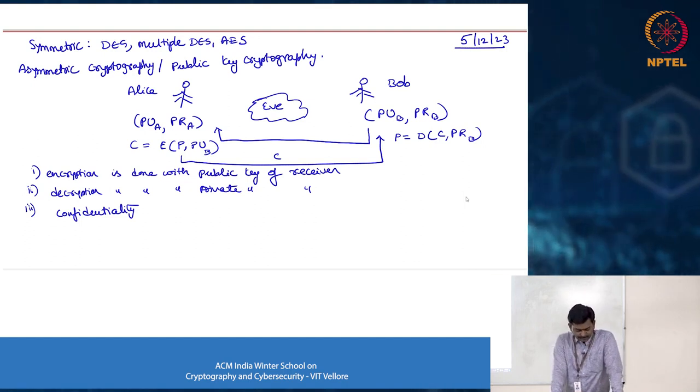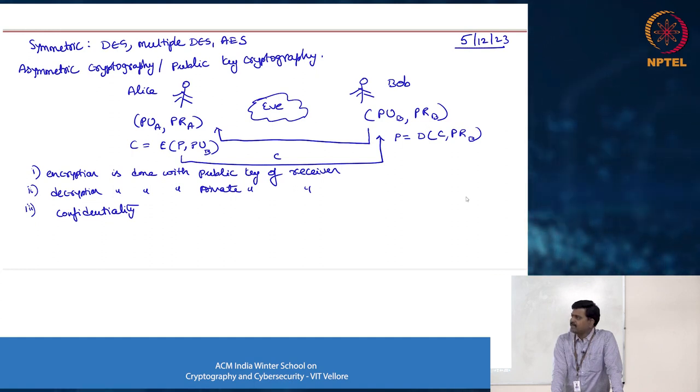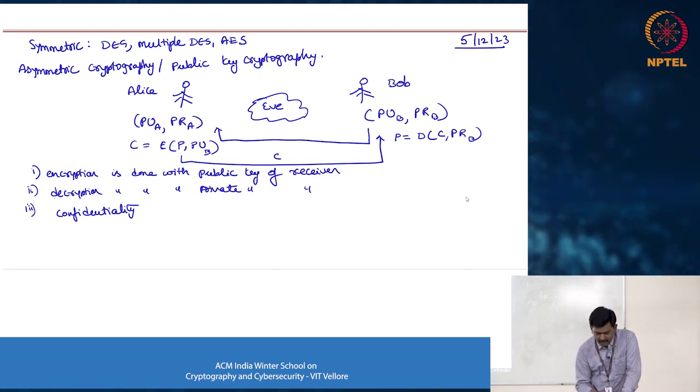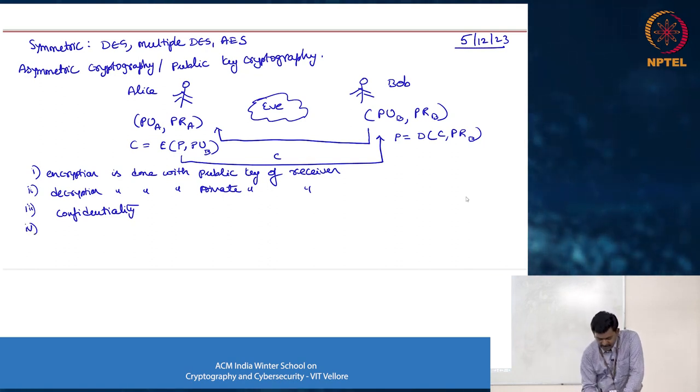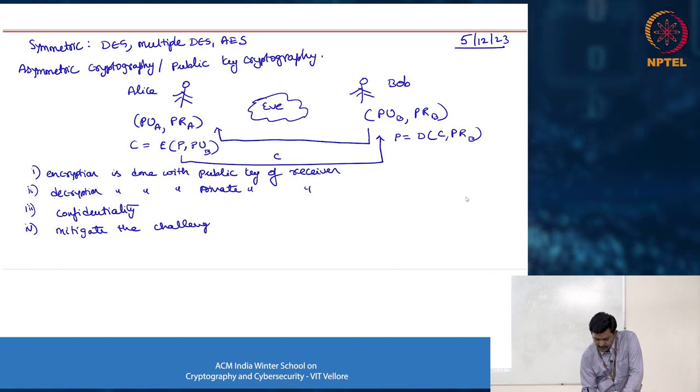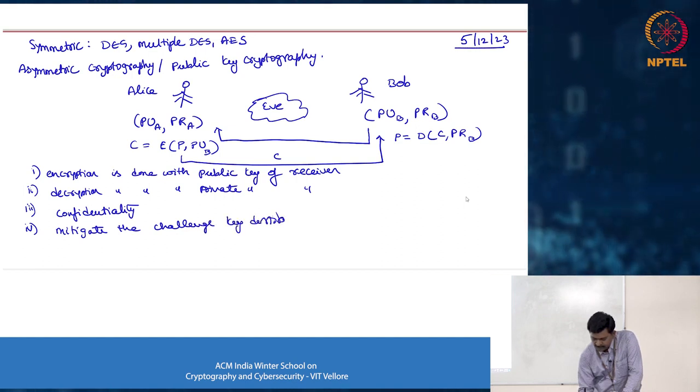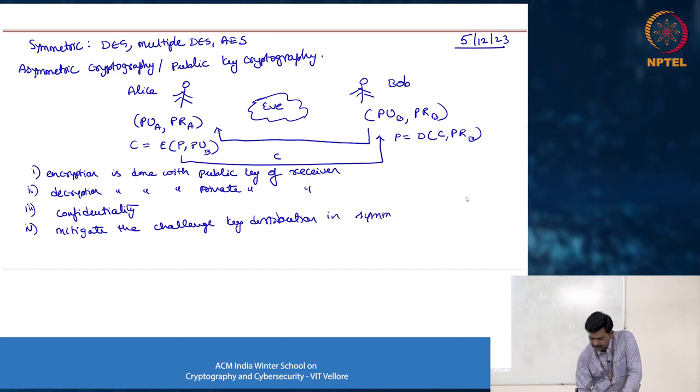Then, what is the problem that we could overcome compared to symmetric key? We are able to mitigate the challenge of key distribution in symmetric crypto systems, right?